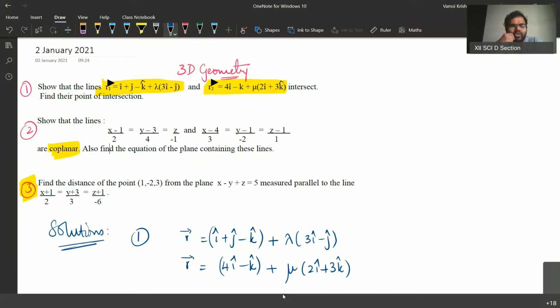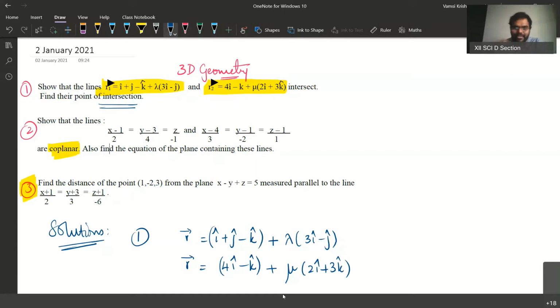How do you find the common solution between these two? Sir, parameterize both the lines in terms of one variable and then equate them to find that common point. All right. So the second part of the question says you're also supposed to find the point of intersection. So that's the second part.